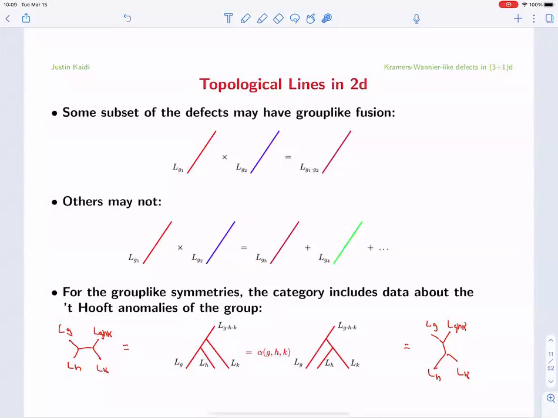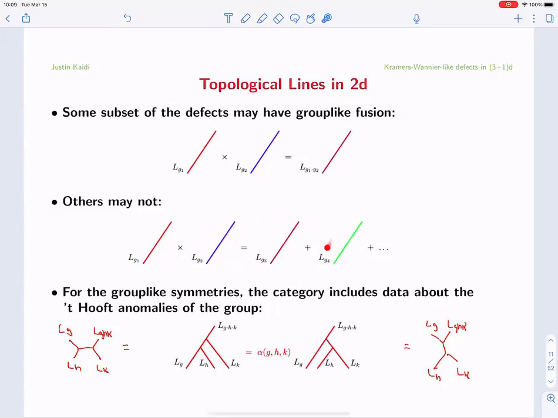Well, in this group-like case, it's clear that I could take g2 to be equal to g1 inverse, in which case what I get here is just L of the identity. So I'd get the trivial defect. And so that would mean that this line has an inverse. Whereas in this case, that's not true anymore. I could take g2 equal to g1 inverse, and then maybe this line becomes the identity, but this line will not. So this is said to be a non-invertible symmetry.